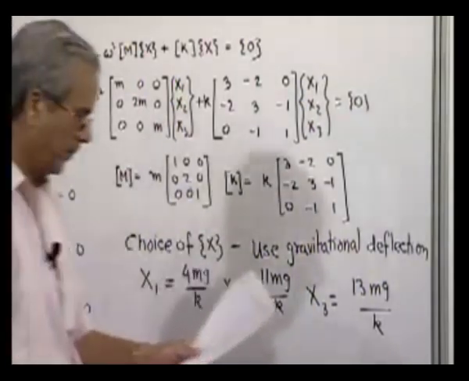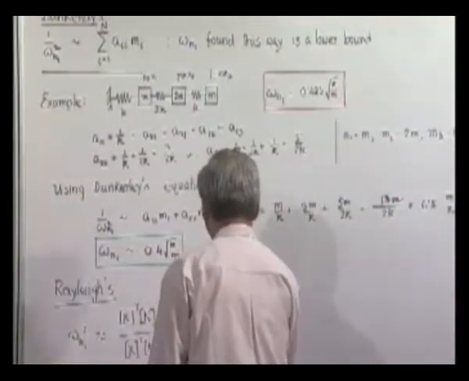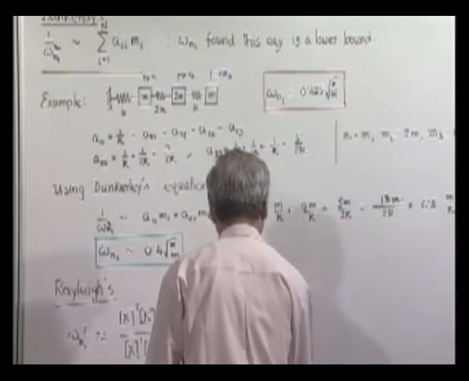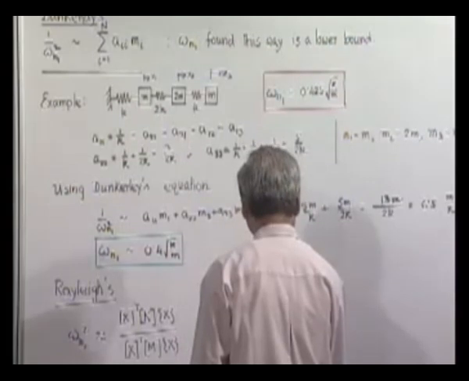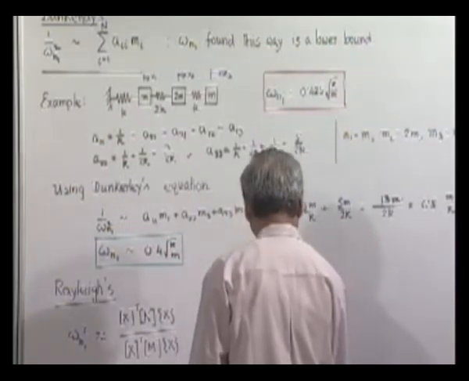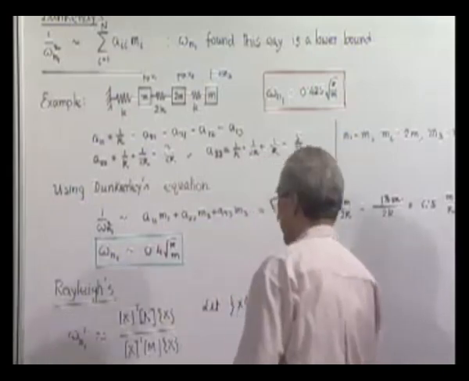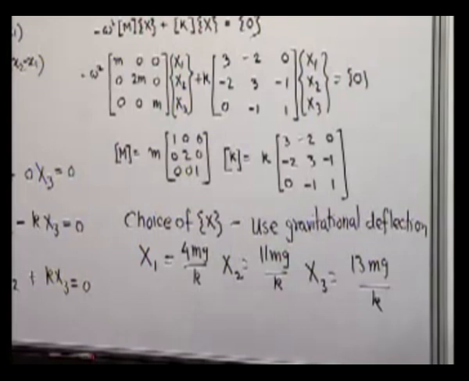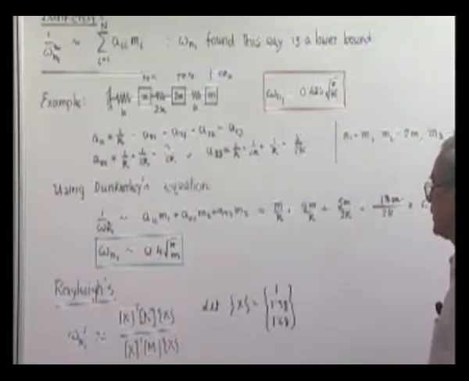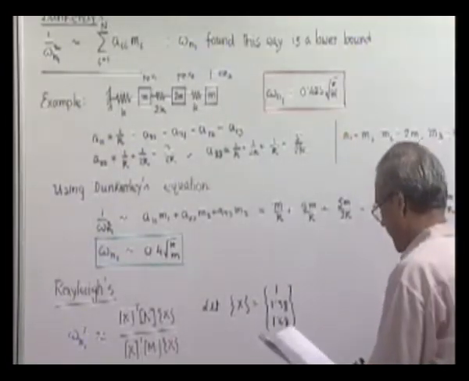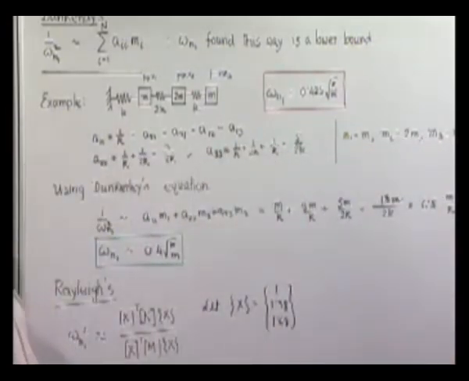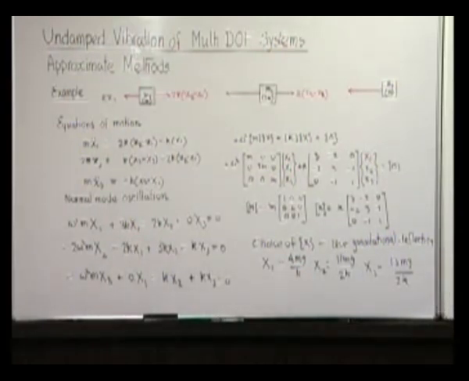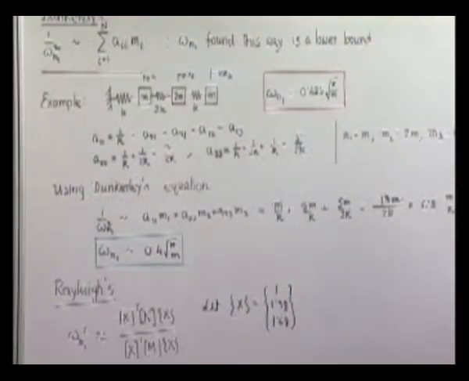So we can take it in that ratio 4, 11, 13. If we divide by 4, first one will be 1, second one will be 2.75 and 3.25. So in this ratio, let us use this as the first mode.